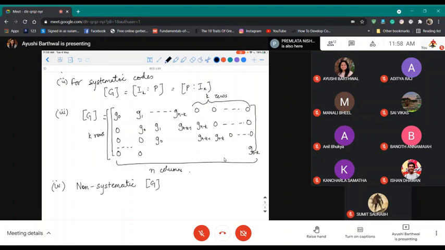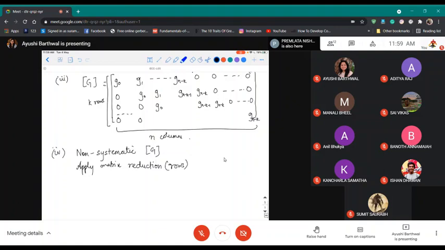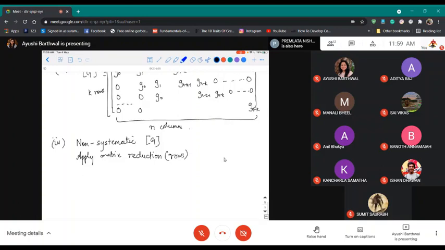What you have to do is apply the row matrix reduction method to generate it in systematic form, and the systematic form is this one. So you have to apply the matrix reduction method to generate a systematic generator matrix. Fine. So this is how we obtain the generator matrix.